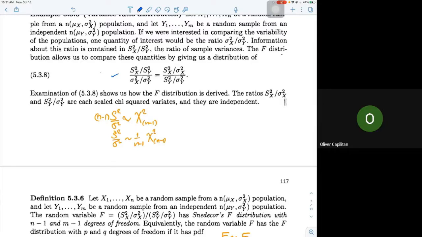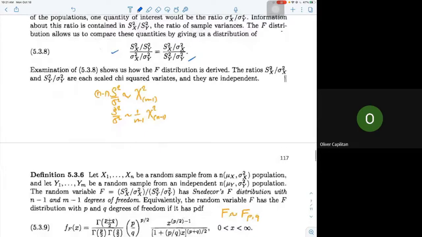So we can re-express this in this manner. And then we have the ratio of these two expressions, and they are scaled chi-squared variates, and they are independent.